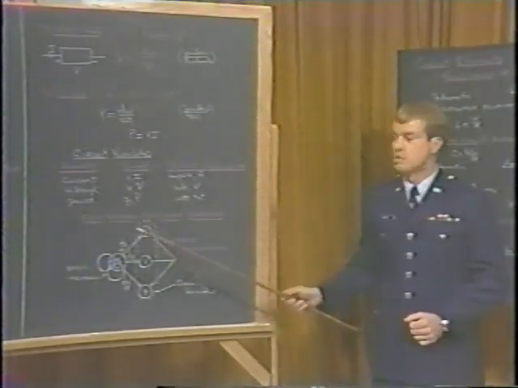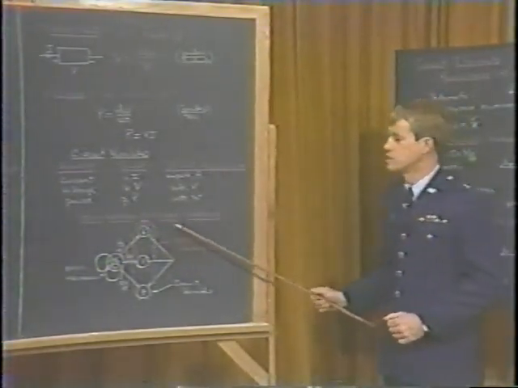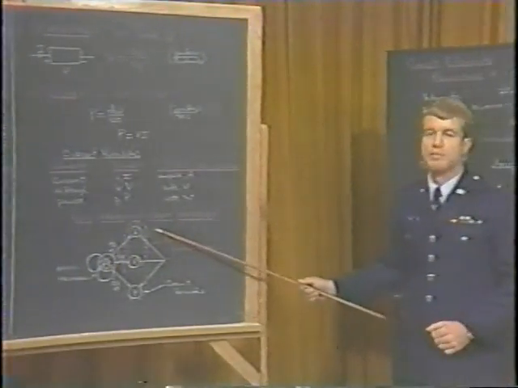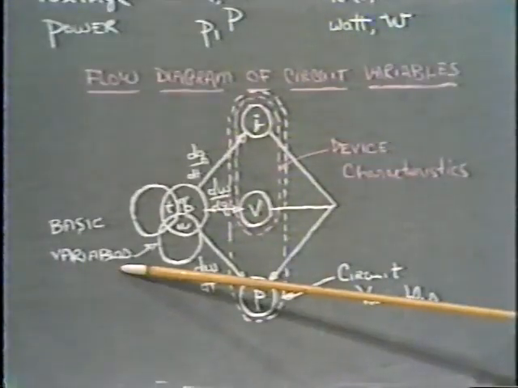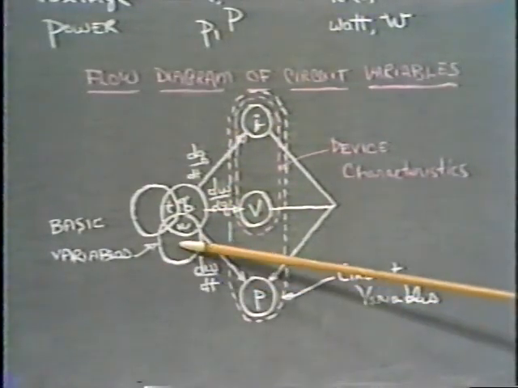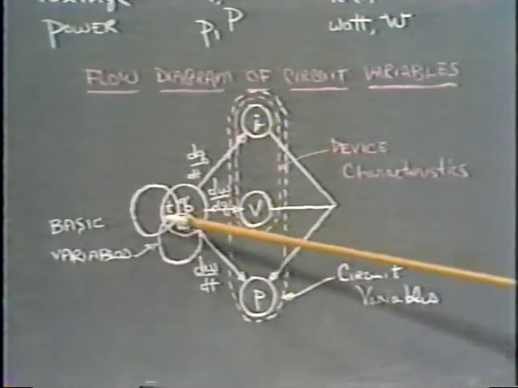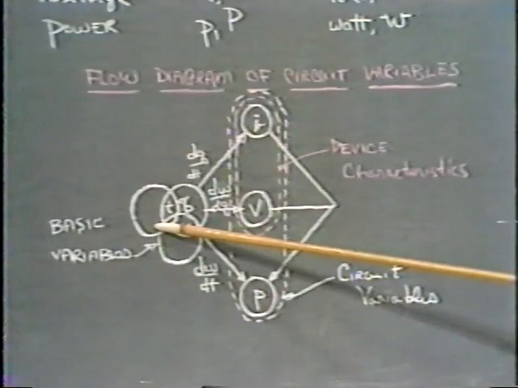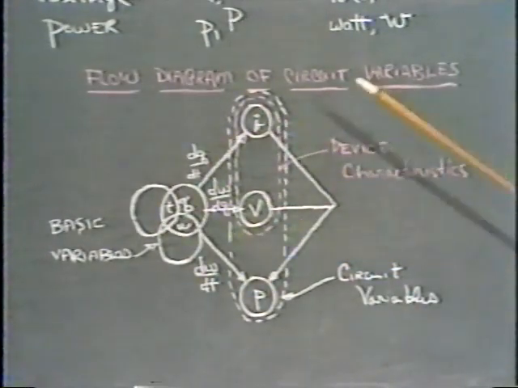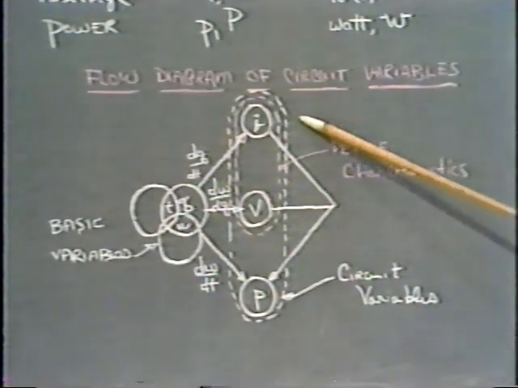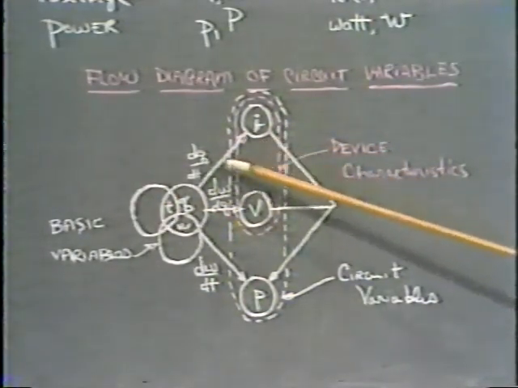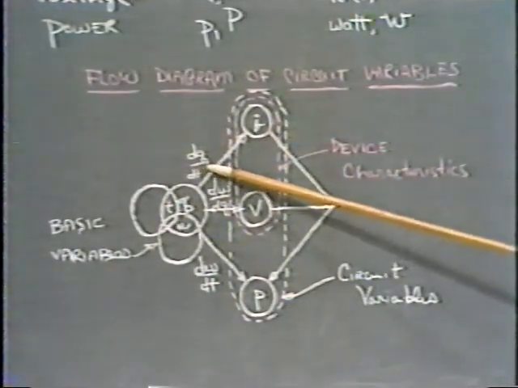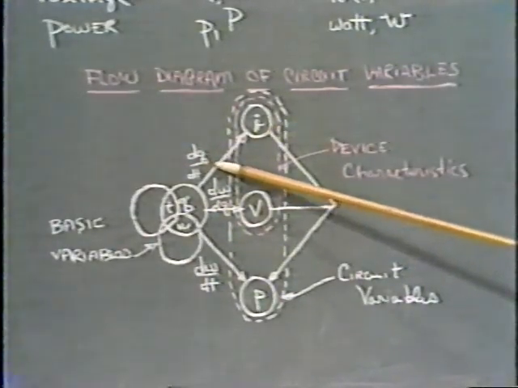Now this diagram here summarizes the relationship between our basic variables we started with, that of energy, charge, and time, and how we've been able to define 3 other circuit variables, the first of which was current, defined as a time rate of change or flow rate of charge within the circuit.